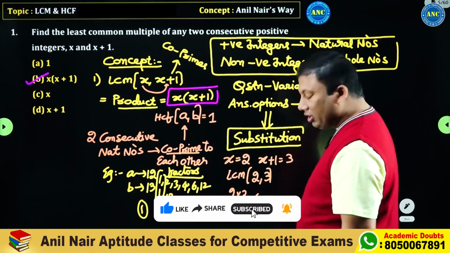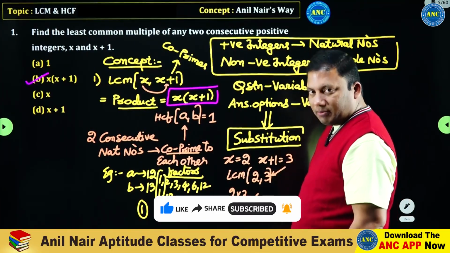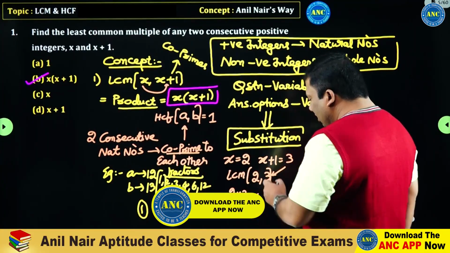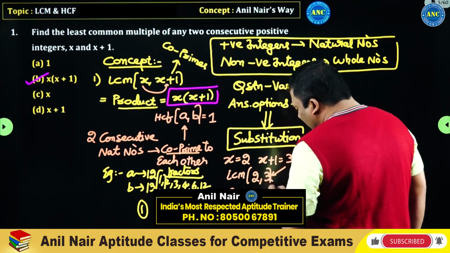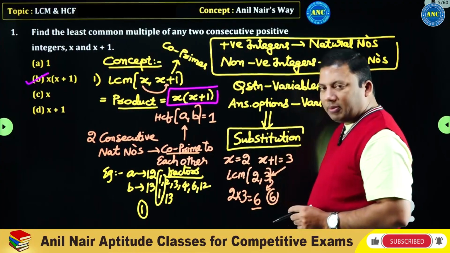How did you get 2 into 3? LCM always focuses on the largest number. Take 3. Is 3 divisible by 2? No. What is the next multiple of 3? 3 twos are 6. 6 is divisible by 2.